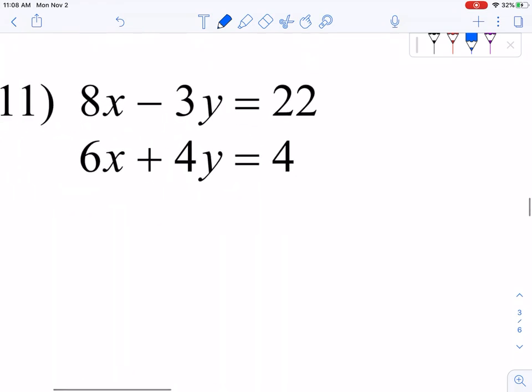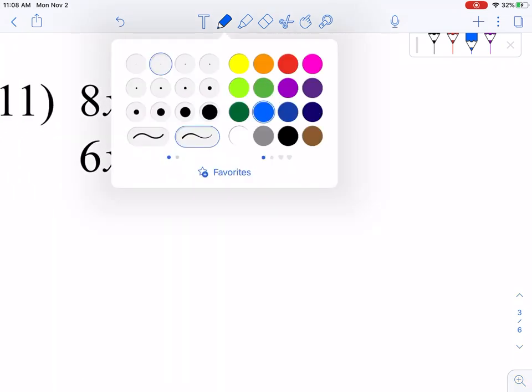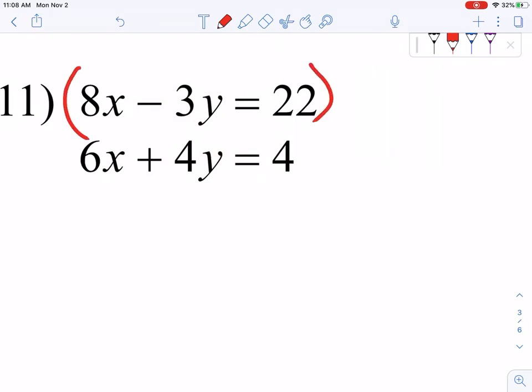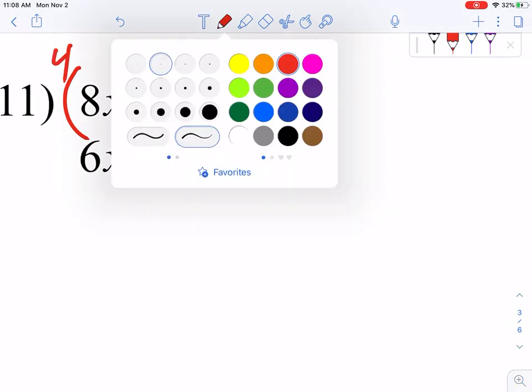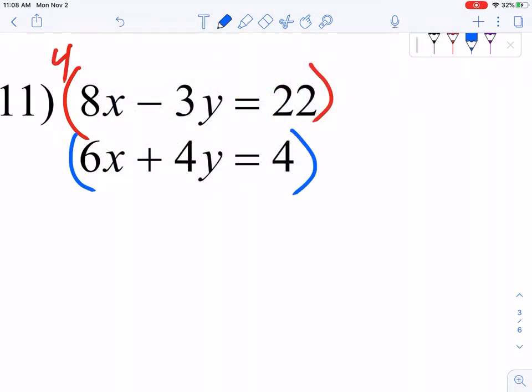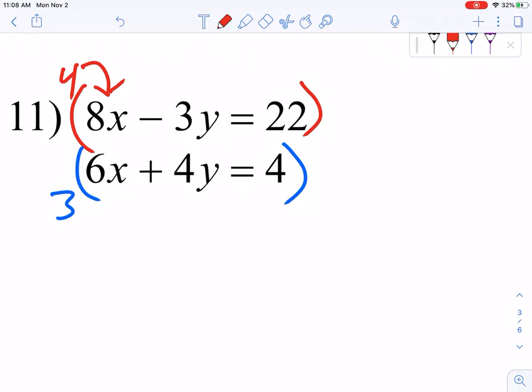Last couple here. All right, so we have, for my top, let's multiply a 4 to the top, and we'll multiply a 3 to the bottom. That's going to cause these y's to eliminate. 4 times 8x is going to give us 32x. 4 times negative 3y will give me a negative 12y.